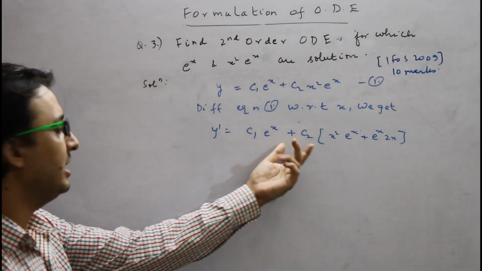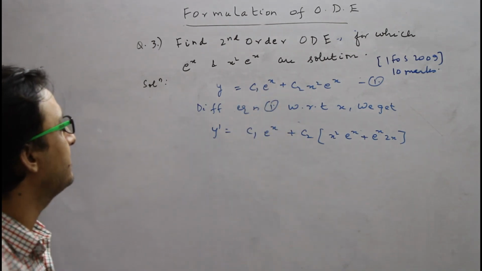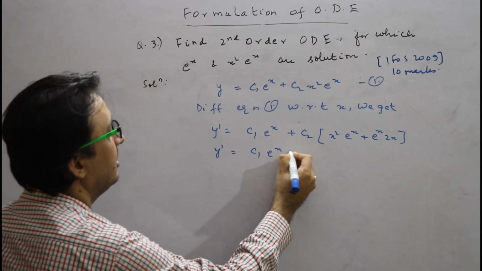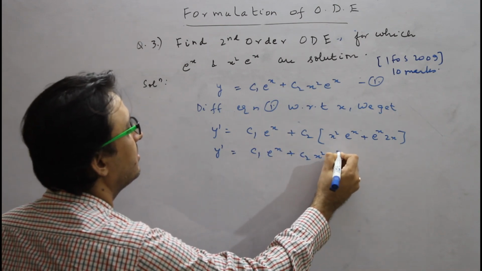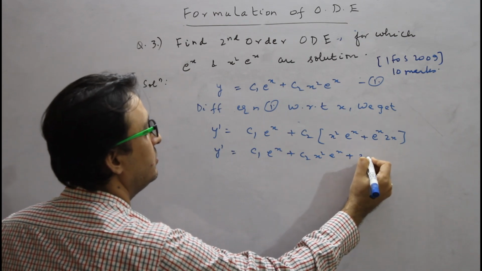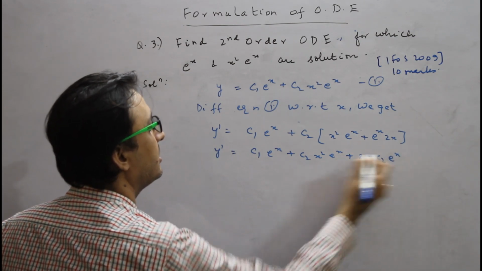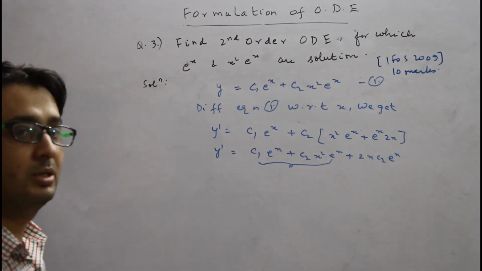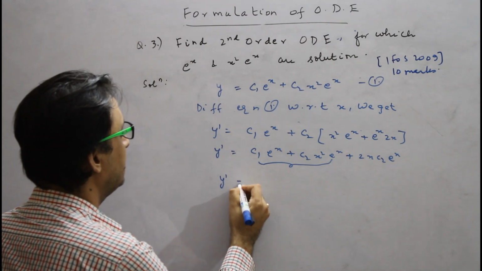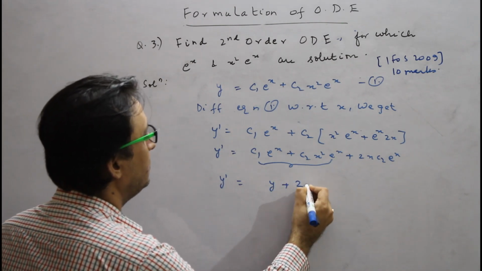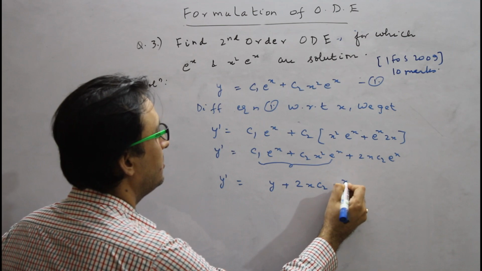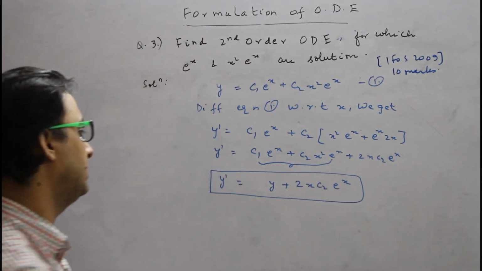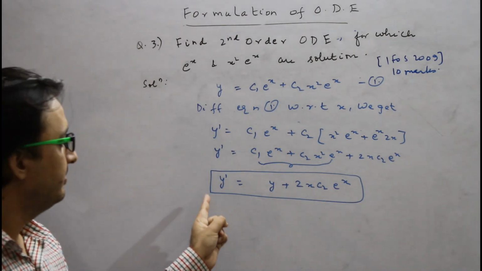If we rearrange this, we will get certain things in terms of equation 1. Let us see. If we write this as c1 e to the power x plus c2 x square e to the power x plus 2x c2 e to the power x, this one and this one is y from equation 1. So we can write y dash is equal to y plus 2x c2 e to the power x. This is an important point because from here we will eliminate c2, so that is why I have underlined this one.